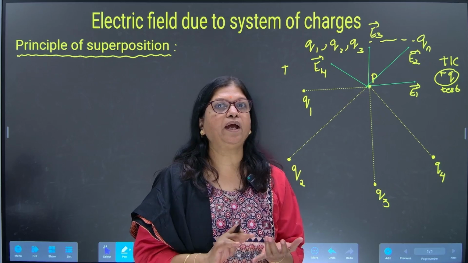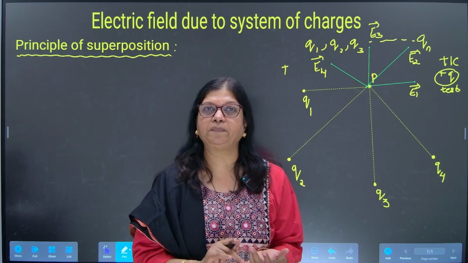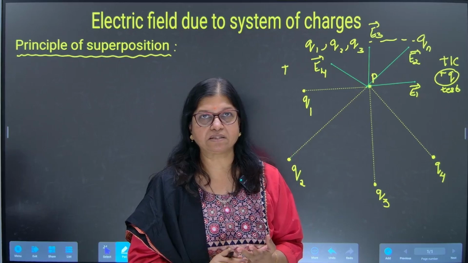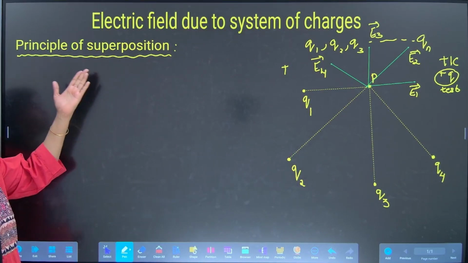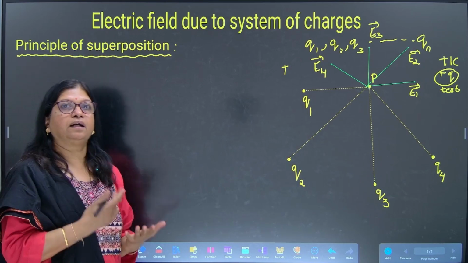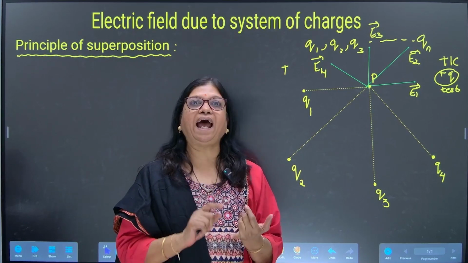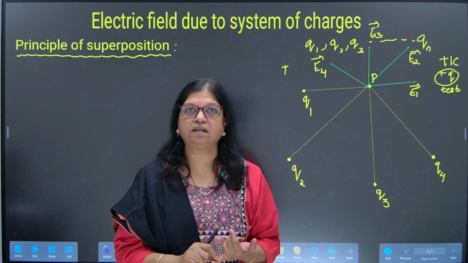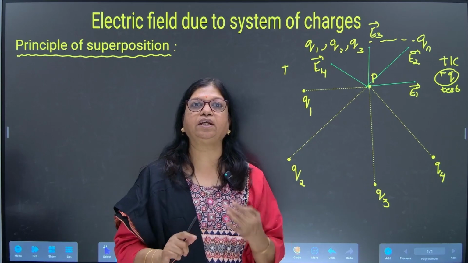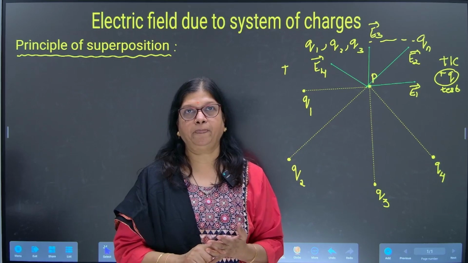Then how do I calculate the net electric field at the point P due to these 4 charges? I will use the principle of superposition. The principle of superposition, as we have learned, is to add all the individual electric fields E1, E2, E3, E4 vectorially.